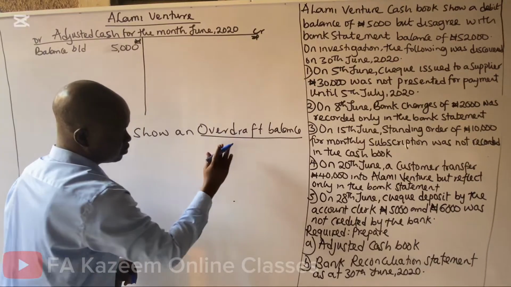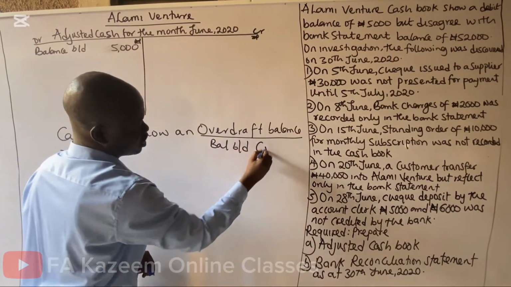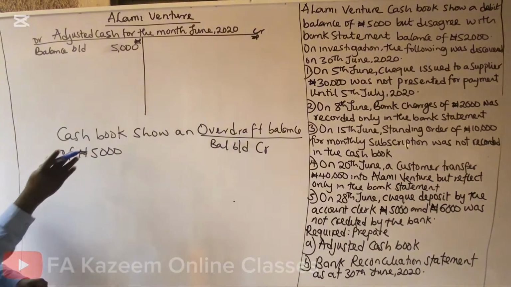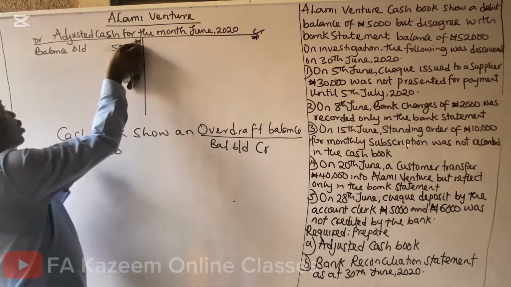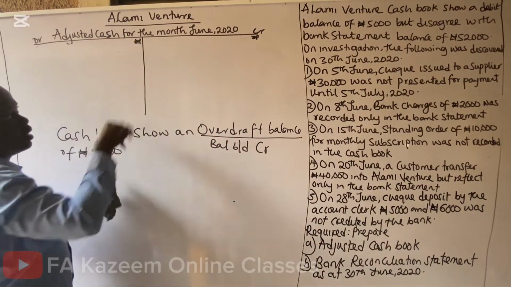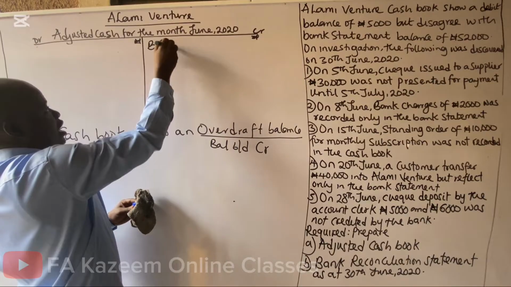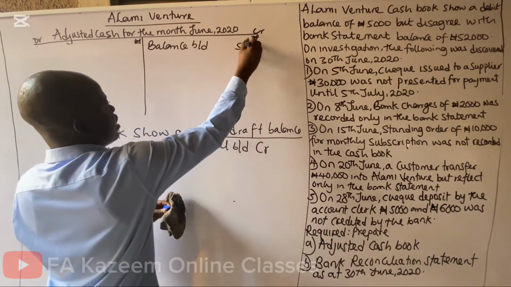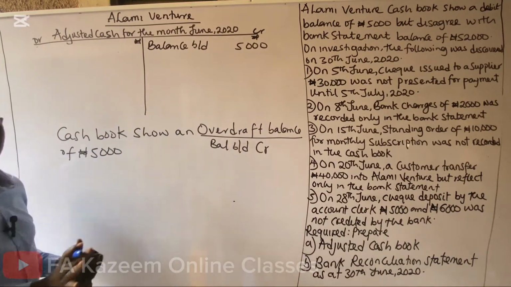The balance BD should be on the credit side. That's what it means. If we have this type of illustration, which is not in this question, the balance will not be on the debit side again. With this kind of statement, just because it's an overdraft balance, you put the balance on the credit side, 5,000. This is an overdraft balance.